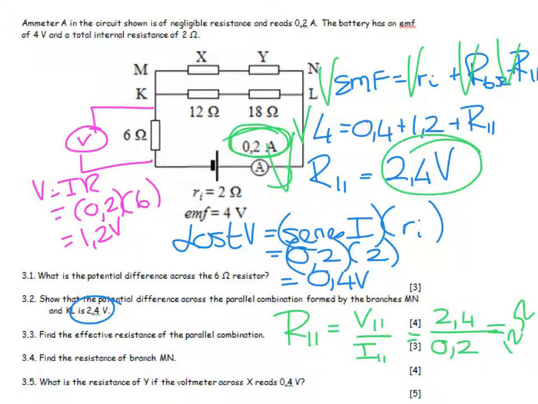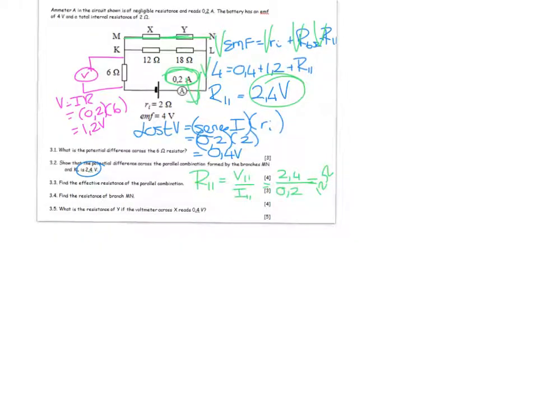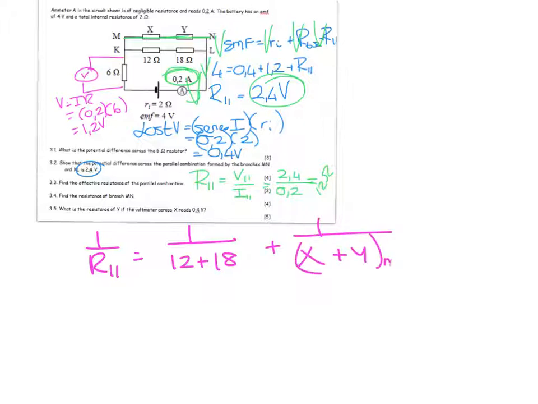Now it says, what is the resistance of just this top branch over here? Well, I know that 1 over R parallel is equal to 1 over branch 1, which is 12 plus 18, plus 1 over x plus y, which, by the way, is called Mn, which is what we're trying to find.